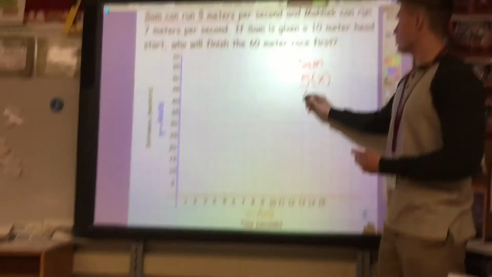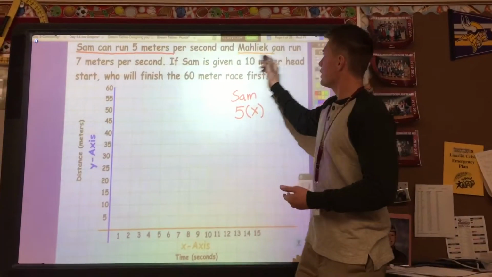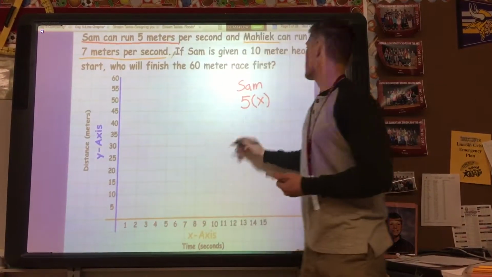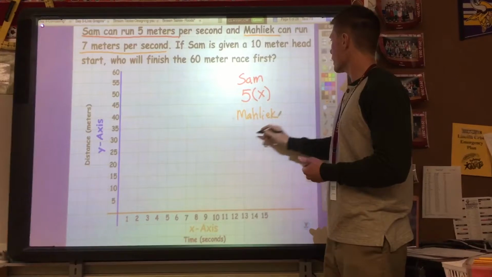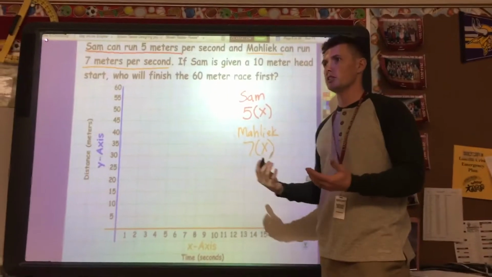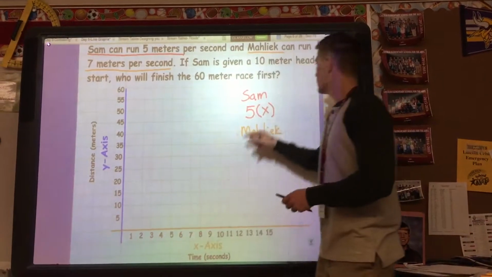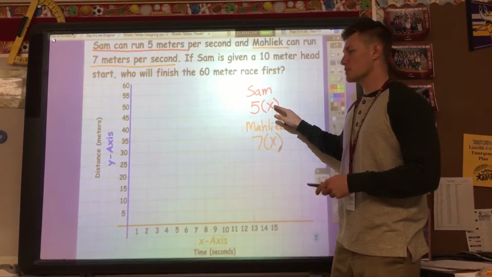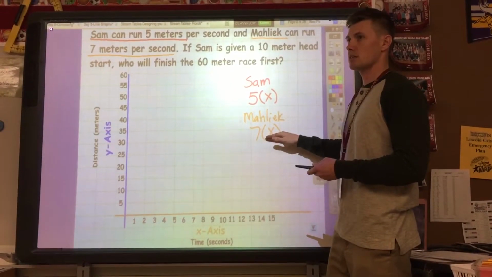And then I know that Malik is 7 meters per second. So right now, here's our situation. Every time I plug in 1 second, Sam goes 5 meters. Every time I plug in 1 second, Malik goes 7 meters.